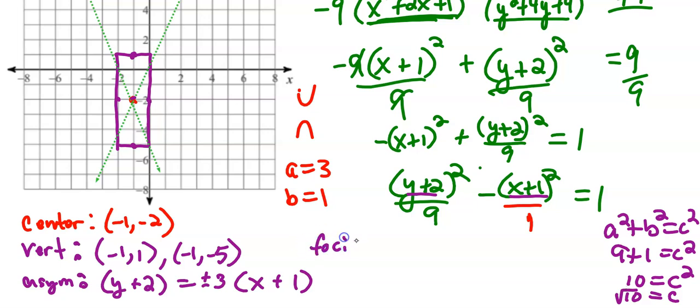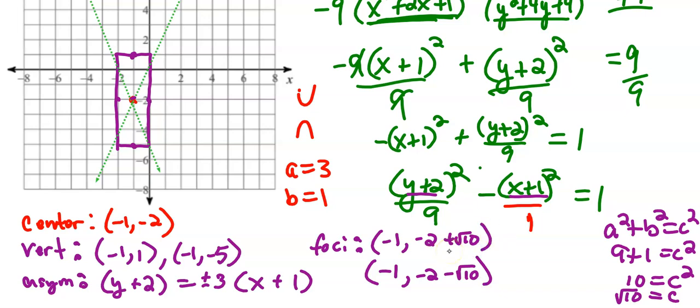So the foci is going to have the same x value, -1, as the center. But we're going to be taking that y value, -2, and adding root 10 to it, and subtracting root 10 from it. And that's where the foci are going to be. So it's going to be just a little bit past the vertices. And now we can sketch our graph coming in like this, going towards the asymptotes and through the vertices. And that is number 5.